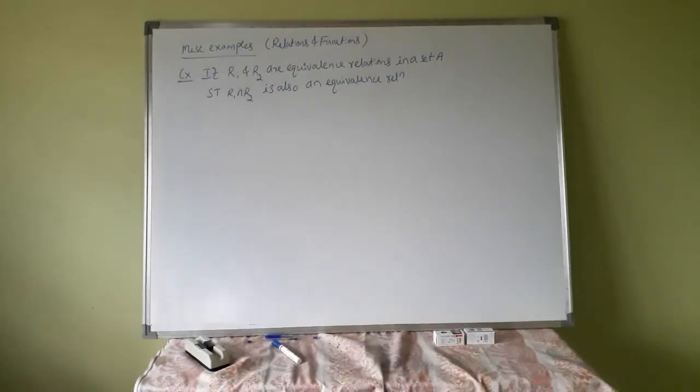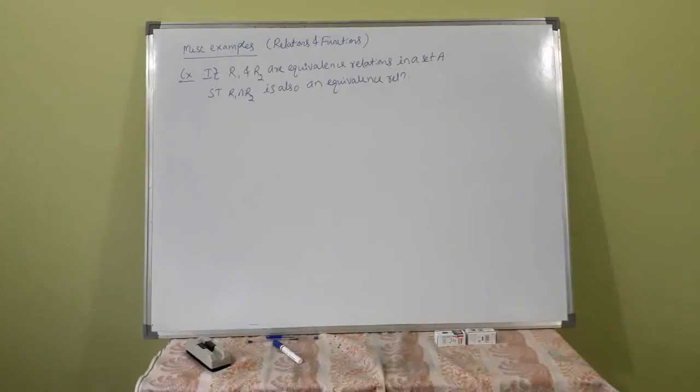Now miscellaneous examples from relations and functions. I am going to consider the miscellaneous examples of only the solved part, because in your syllabus it is mentioned that miscellaneous unsolved examples need not be considered for the exam.